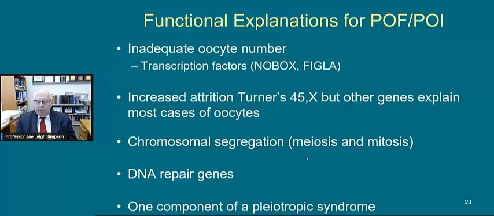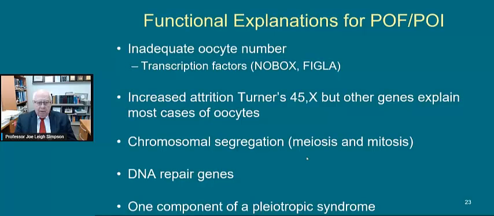Now, what are the other explanations that can exist for premature ovarian failure? Overall, we can start by remembering that there are a huge number of oocytes, 7 million at 20 weeks, as we have mentioned. These 7 million oocytes must be winnowed down to a few hundred, which are eventually ovulated, for clinical significance.